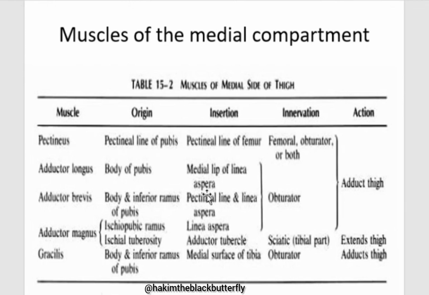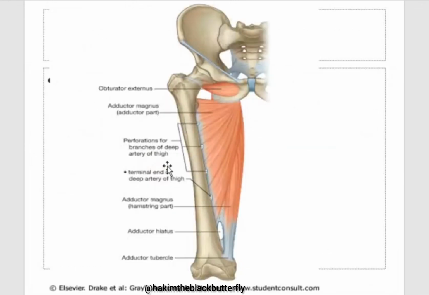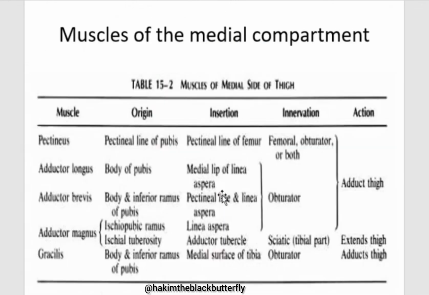The origins and insertions are indicated here for you to study on the bones. So you can see this muscle, adductor magnus. When you go back to our table, part of adductor magnus originates from the ischiopubic ramus and inserts on the linea aspera.